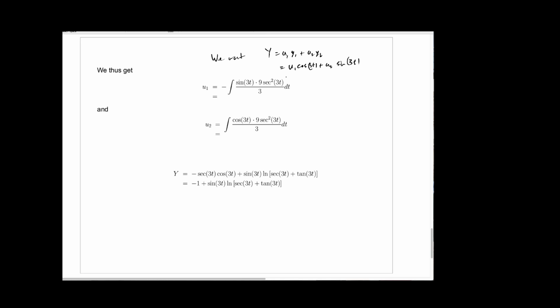So our formula tells us we don't have to go through the whole derivation. Our formula tells us we can compute u1 just by taking minus the integral of, this is going to be our y2, and this is going to be our g of t. So that's sine of 3t times g of t, which was 9 secant squared 3t. And we divide by 3. Remember, that's the Wronskian here.